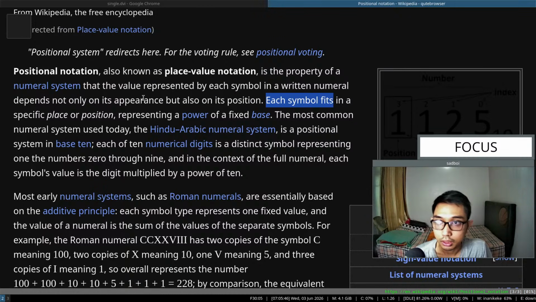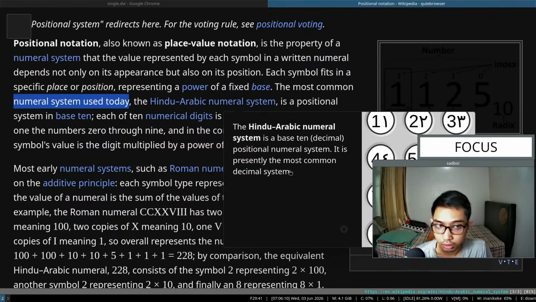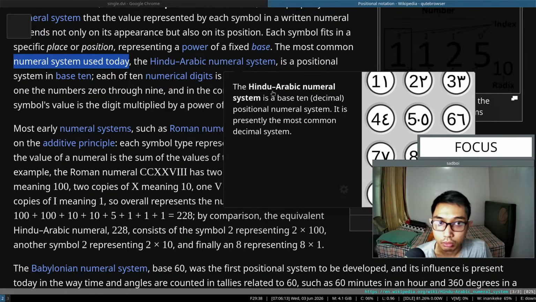Its symbol fits in a specific place or position, representing a power of a fixed base. The most common numeral system used today is the Hindu-Arabic numeral system, a base 10 or decimal positional number system.